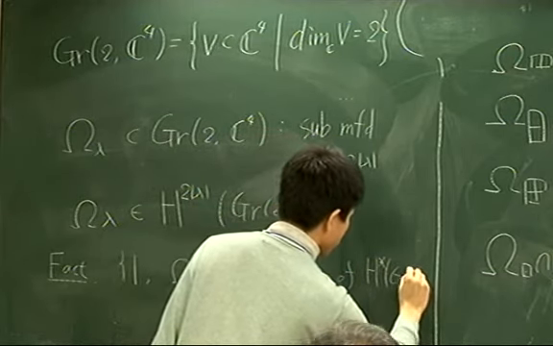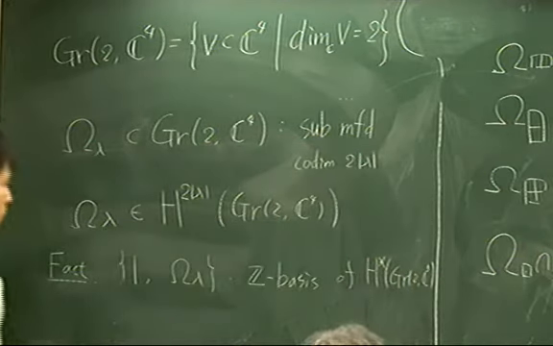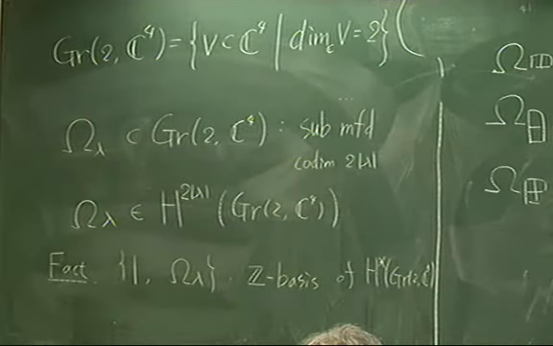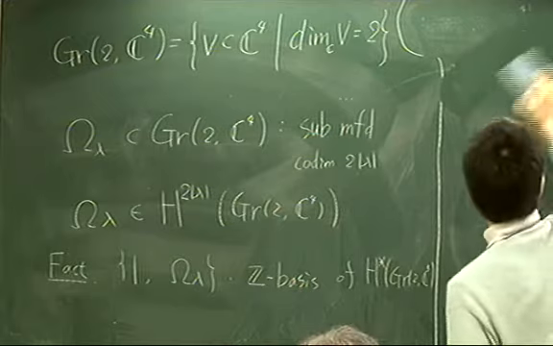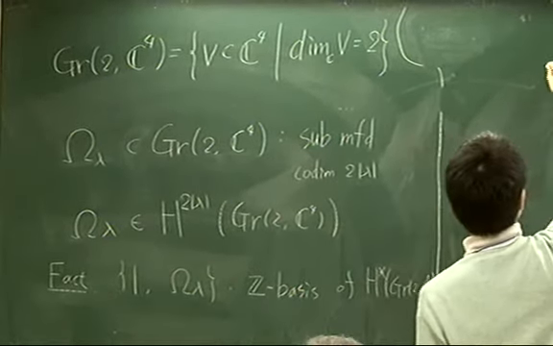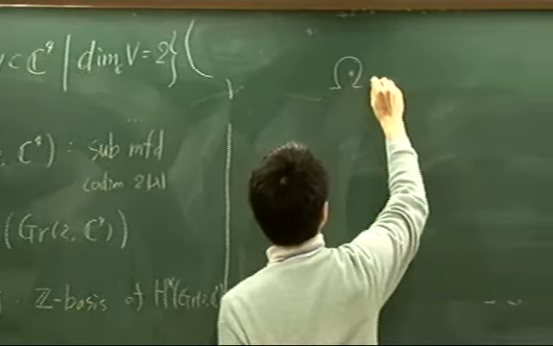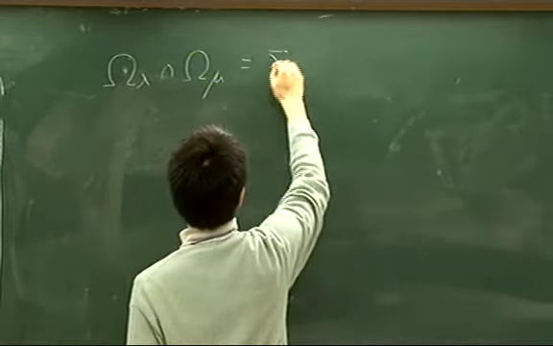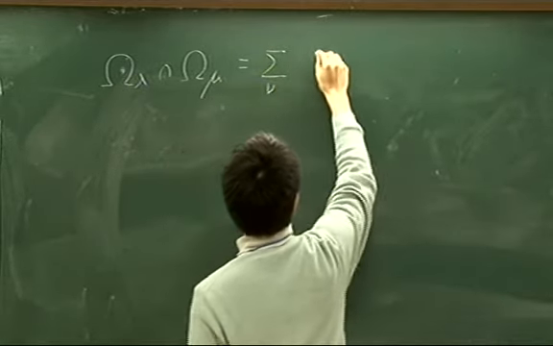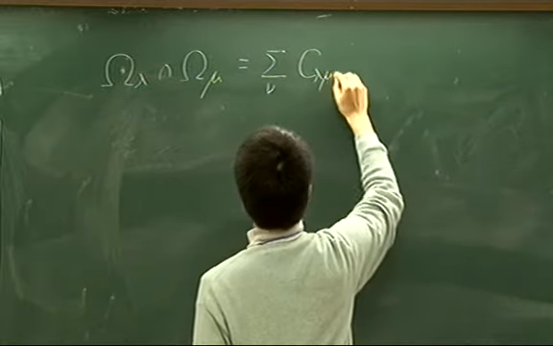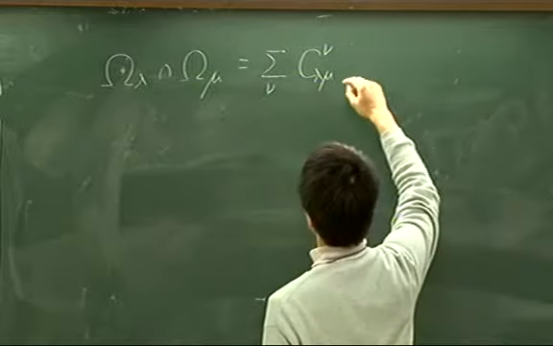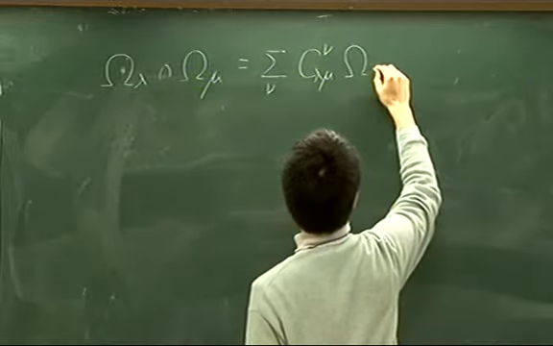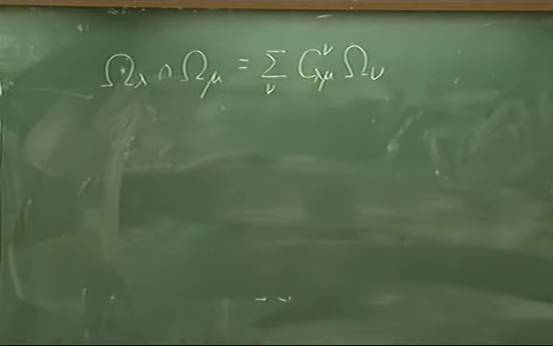So we can write the cup product of two homology classes as a linear sum of these other classes, because they form a Z basis.